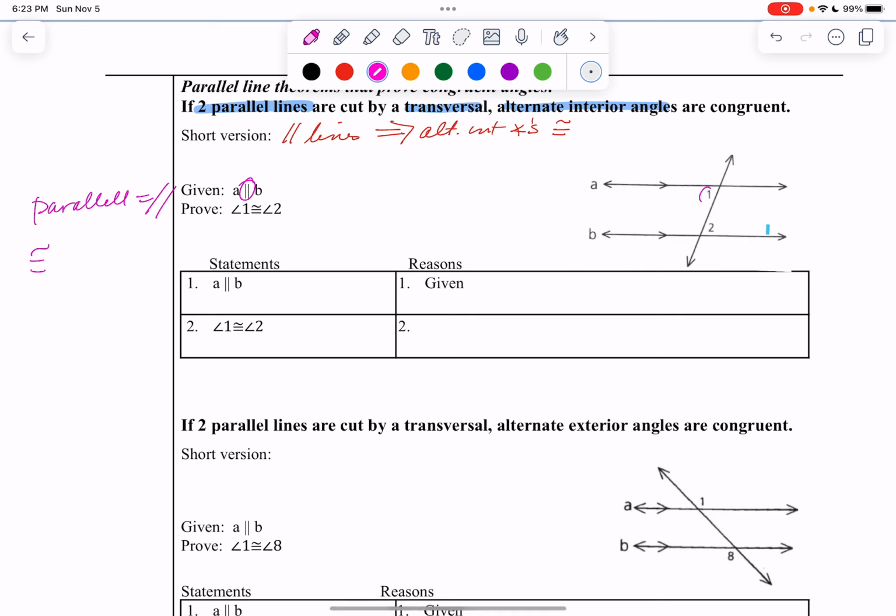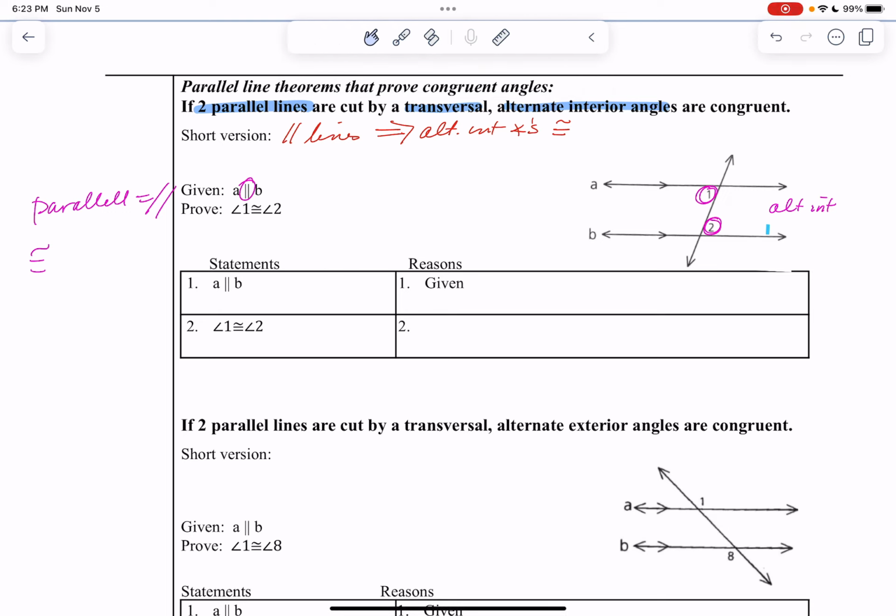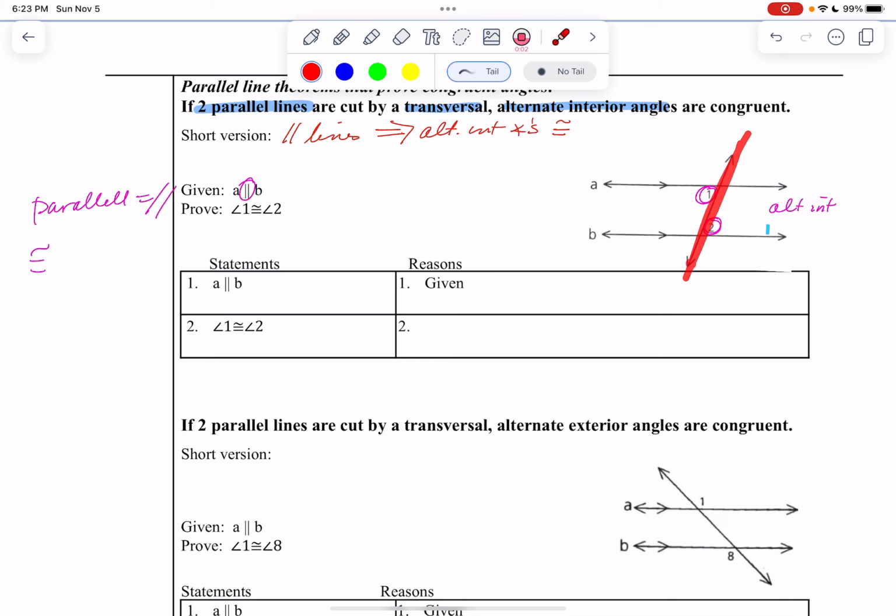When you look at angles 1 and 2, and you go back and look at the diagrams that we drew next to all of the theorems above, these are alternate interior angles. They're on opposite sides of the transversal and inside the two parallel lines. So these are alternate interior angles.